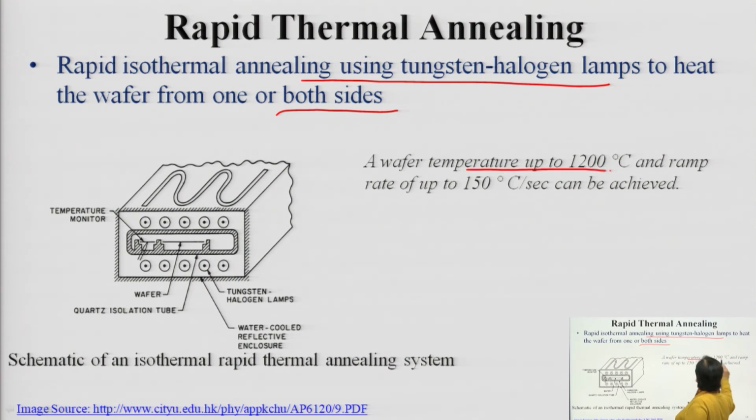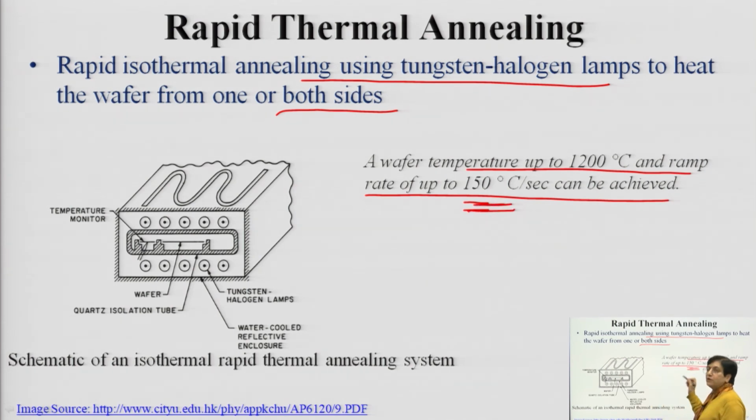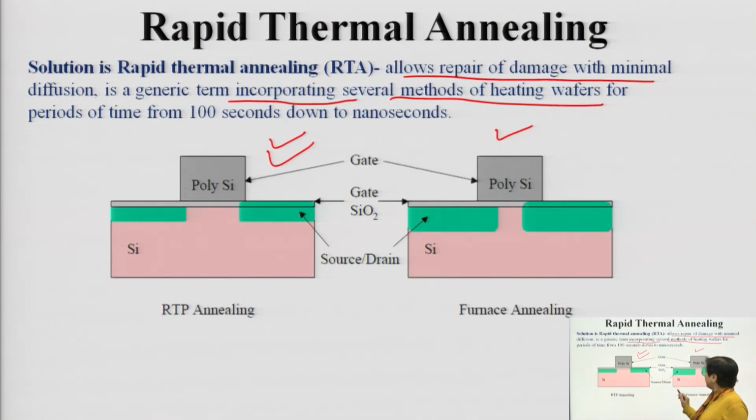The wafer temperature is around 1200 degrees centigrade, and the ramp up rate is 150 degrees centigrade per second. Since the ramp up rate is good, it rapidly elevates the temperature, and then it is cooled down very slowly. The effective results will be much better as compared to thermal furnace annealing.